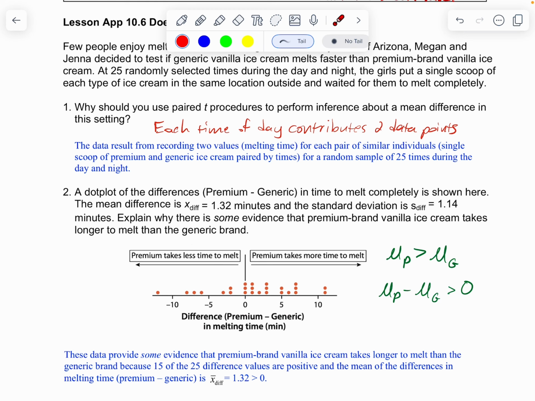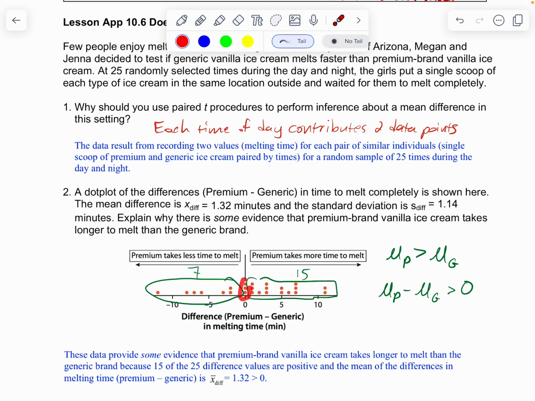Well, if you count up your dots, there's 25 dots total, and there's only this many dots that are below, underneath it. 1, 2, 3, 4, 5, 6, 7. But all of these dots are above it. And I believe that's 15, right? This is 7 data points. This is 15 data points.